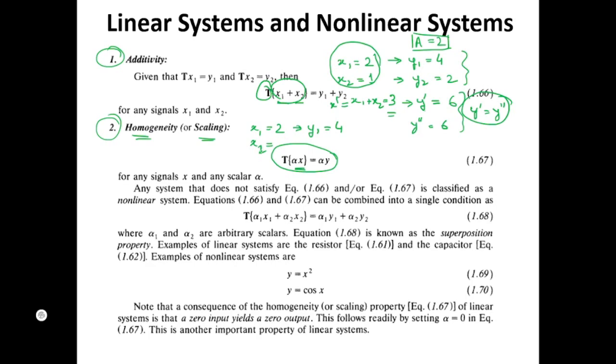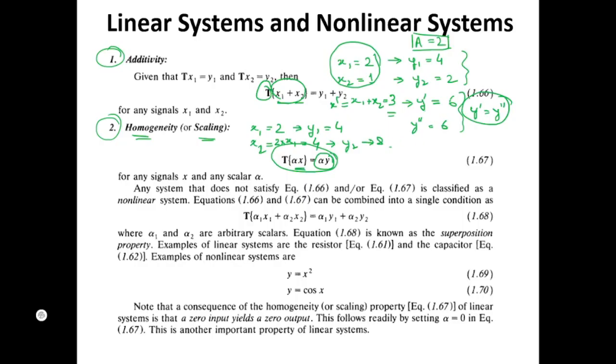Say I am multiplying this x2 as 2 into x1, which is equal to 4. Okay, what will be my y2? Will be 8, right? It is 8.